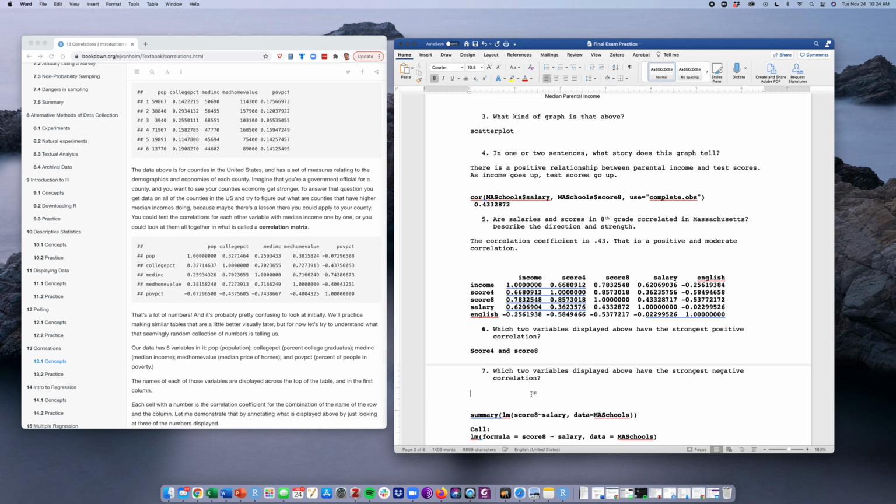And then what is the strongest negative correlation? So what's the largest negative number on the correlation matrix? And that looks like it's -0.58. There aren't a lot of negative correlations on the matrix. And so -0.58, which is between score 4 and English.